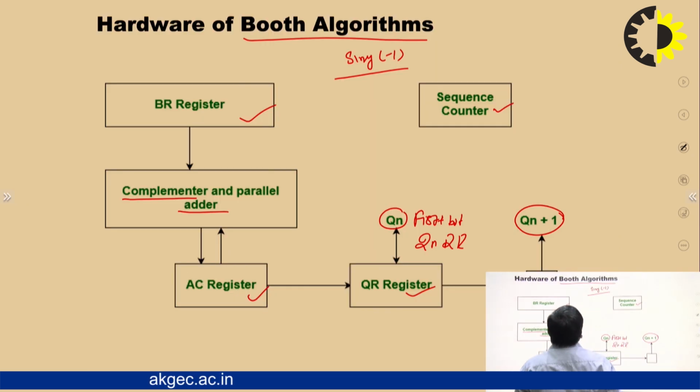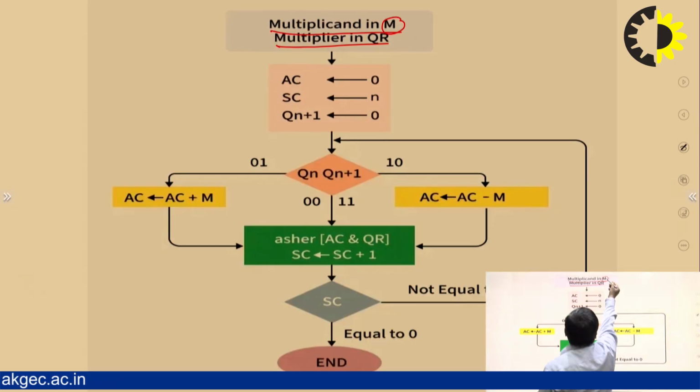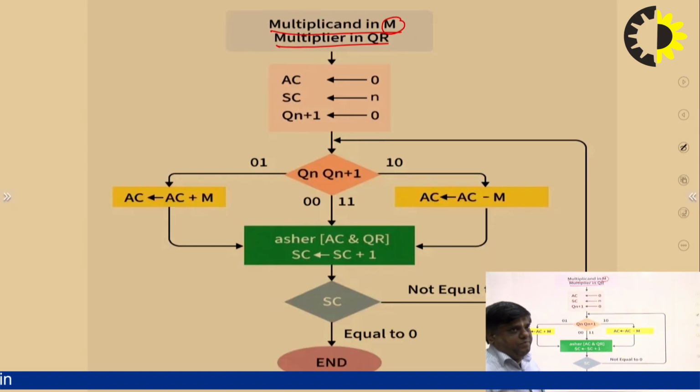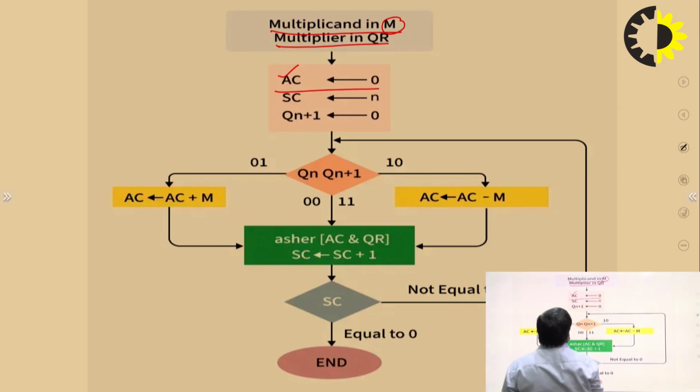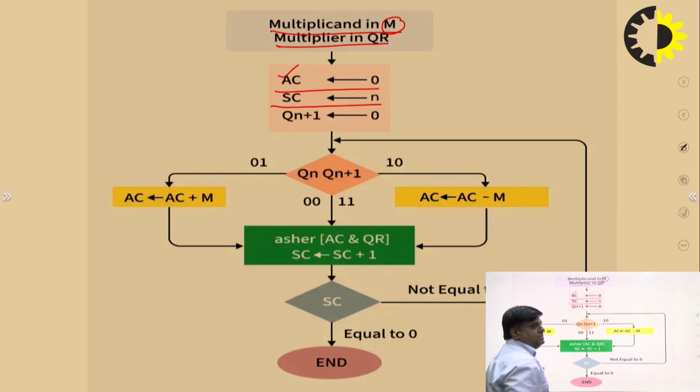In hardware, that is the BR, but here we have the multiplicand in M, and QR is the multiplier. The accumulator register is 0 at the start, and the sequence counter holds the number of bits present in the multiplicand or multiplier. And at the start, Qn plus 1 is 0.